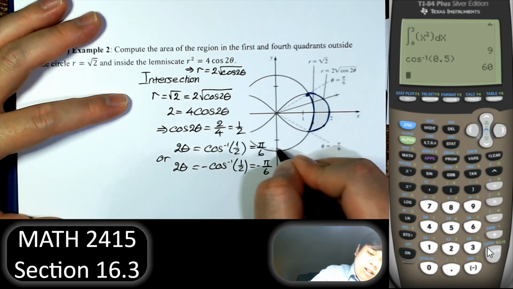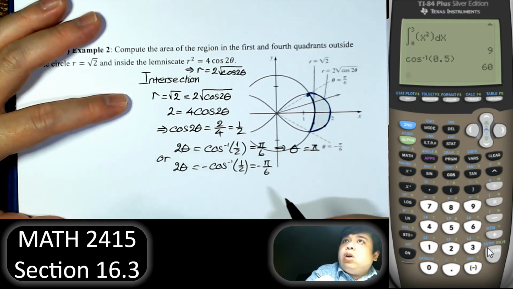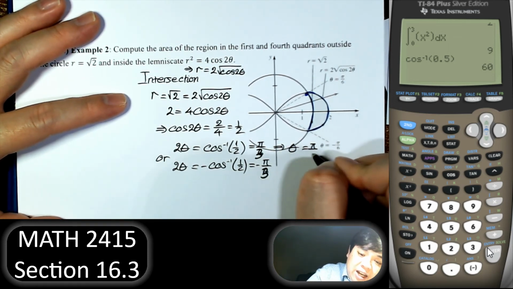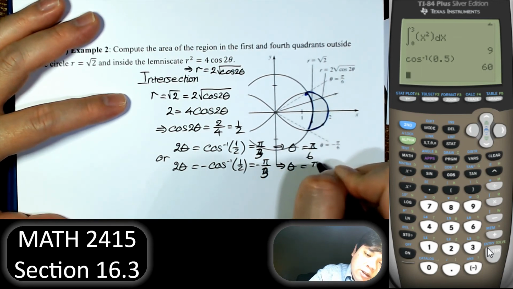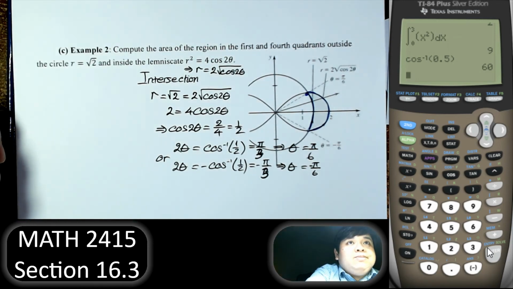So theta is, 60 degrees is pi over 3, and divide by 2, we have pi over 6. Negative pi over 6.